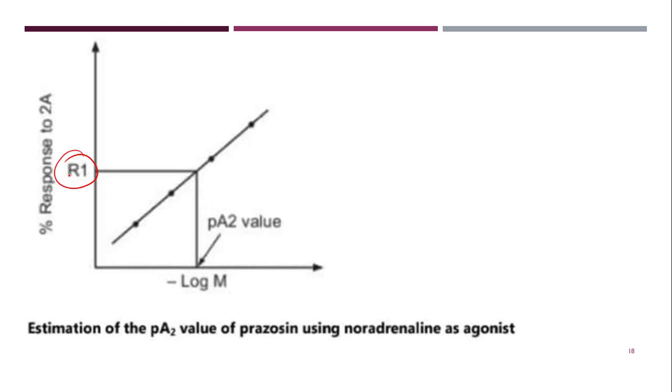So this R1, as we have already seen, R1 represents the response height of the dose, that is A. So this percent response height we have to consider, and we have to interpolate it onto the line, and we have to extrapolate it onto the x-axis, where on x-axis the values are in minus log M, and this value represents the pA2 value.